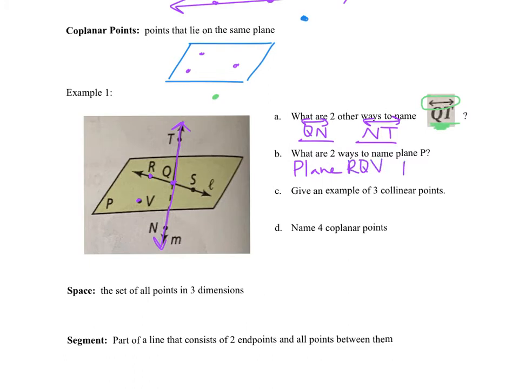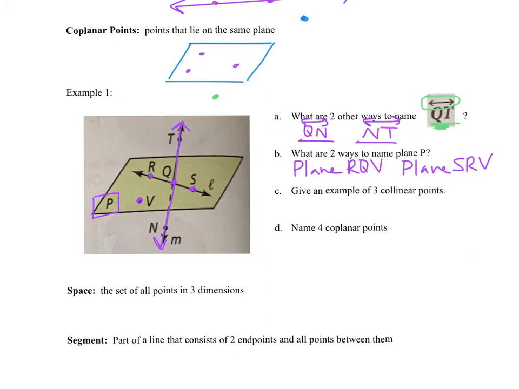Or we could call it plane SRV. Or you could call it plane RQSV. You cannot use point P as a point because it's not a point. Notice there's no little dot in front of that, so don't use P if you're using multiple letters.